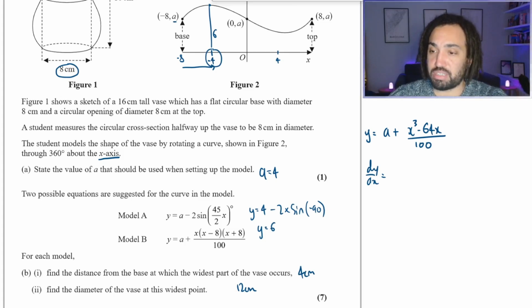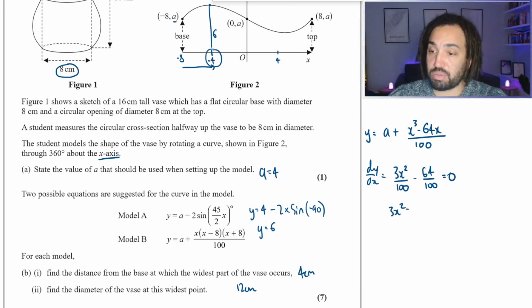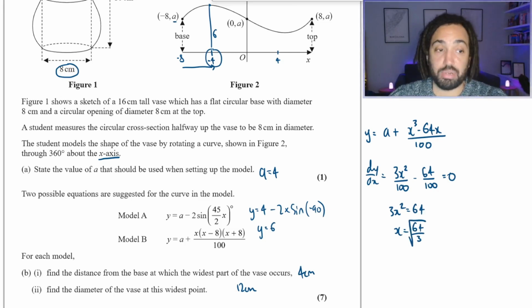This will give me 3x squared over 100 minus 64 over 100. We want this to equal 0 so we can find the maximum. I can times through by 100 to get rid of that, and therefore 3x squared is equal to 64. So x is equal to the square root of 64 over 3, but we will get a plus or minus there.